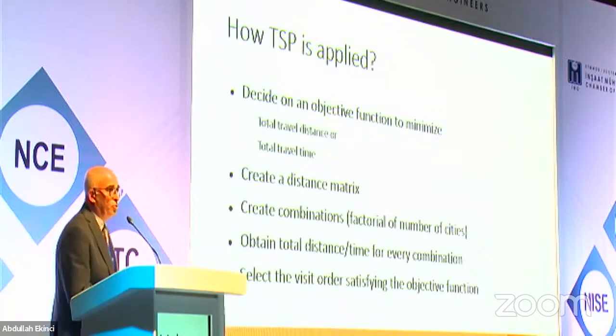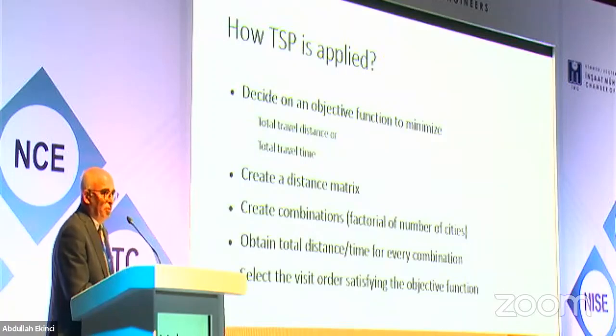The next step is to create combinations. So we have to try different orderings of the cities, the order of visit time. And that is the factorial of the number of cities. So if we have 5 cities, then we are talking about 120 combinations. So do you think we can do it in a short time by hand?